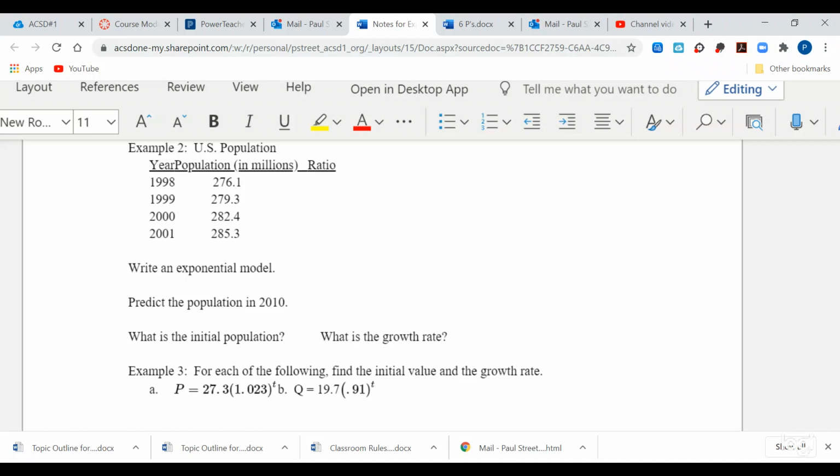Okay, good, that's what I got too, 1.0111. And then we're going to do the 285.3 divided by 282.4. And somebody besides Garrett and Miranda can give us that one. You got 1.010. And then 3, I think, is that the 4th one?